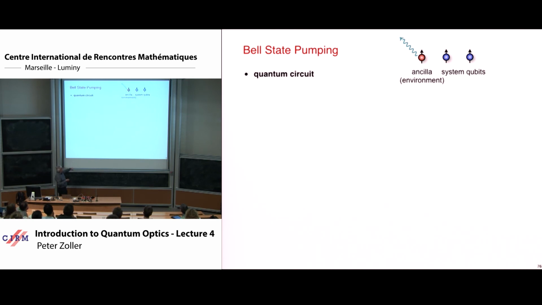I will show you results now for 3 ions. And 2 of the ions are our system, and then we introduce an ancilla over here. And there's one artificial noise that we can easily introduce, which is simply optical pumping of the qubit. This is what we have available in these experiments.